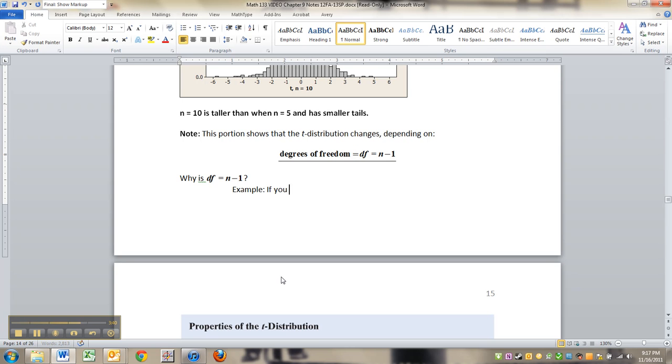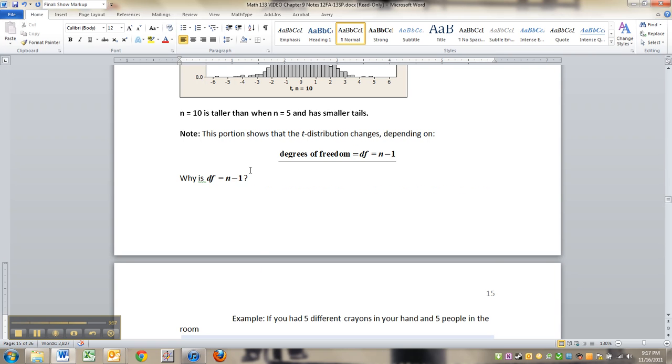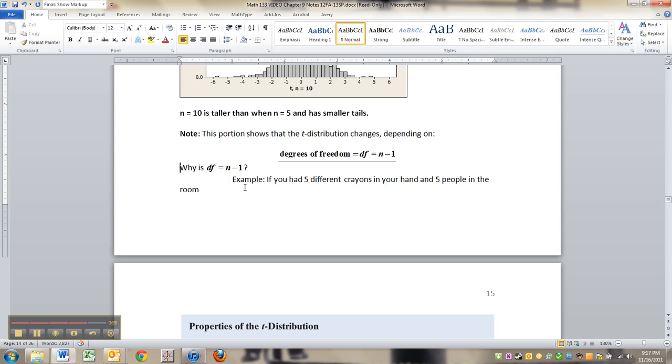If you had 5 different crayons in your hand, and 5 people in the room. Oopsie. Sorry about that. 5 people in the room. Then the first 4 people, get it? 4, which is 5 minus 1 equals 4, have freedom.